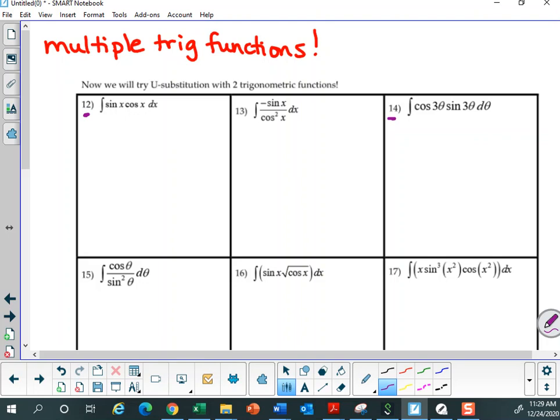So let me show you on number 12 kind of what I mean about that. If I decide that u is going to be sine of x, that would mean that du would be cosine x dx, and our rewrite would look something like that.